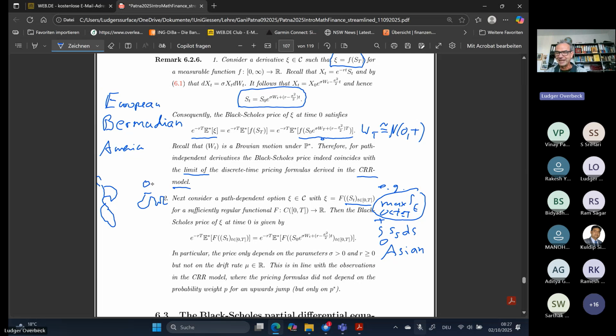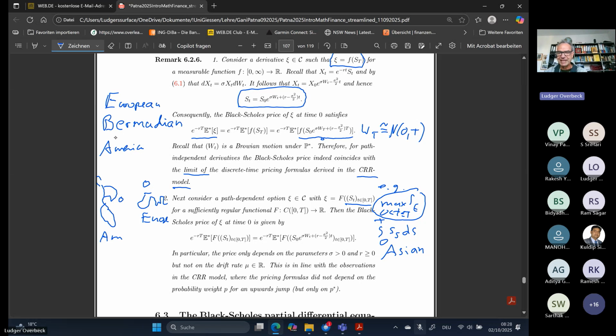Bermuda is somewhere in between Europe and America. So what is somehow in between a European feature and the American feature?